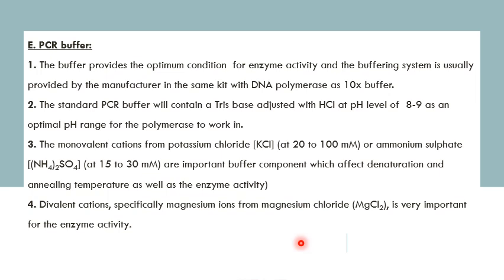The monovalent cations, KCl and ammonium sulfate, are also important for enzyme activity, and again the MgCl2, or the magnesium ions, are also required to have optimal enzyme activity.